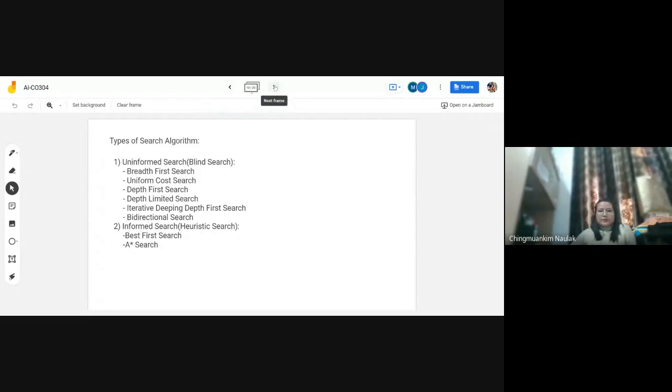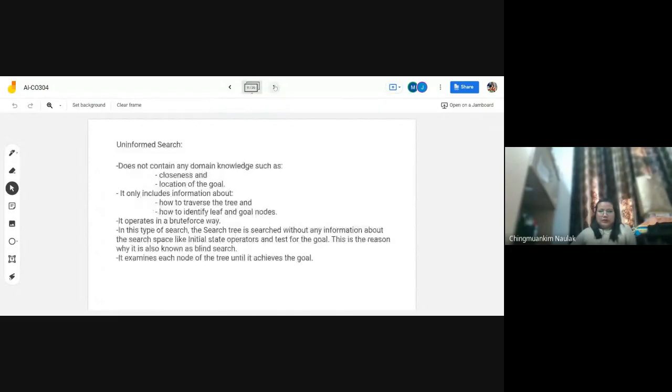So what is uninformed search? In uninformed search, the search looks through the search space for all possible solutions without any additional knowledge about the search space.